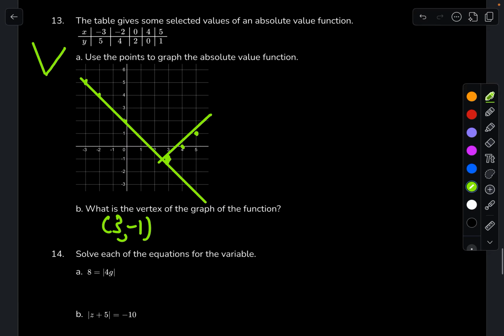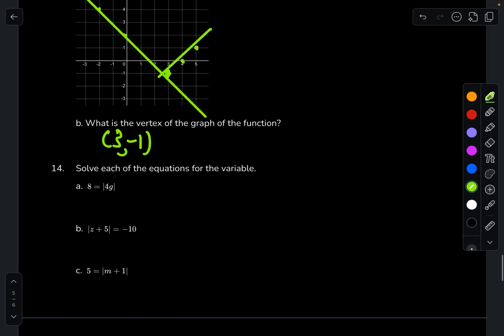All right, the last little bit, the last question. Dun, dun, dun, 14. Solve these absolute value equations. We actually did this last semester at the end. But in this curriculum, I didn't know where this was covered. In this curriculum, it's covered right here. So remember, the absolute value makes anything on the inside positive.